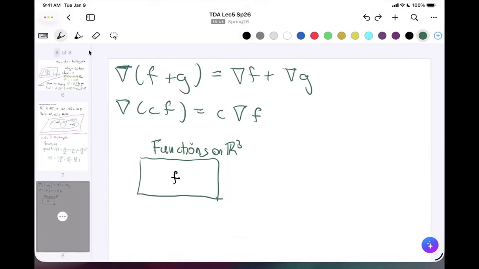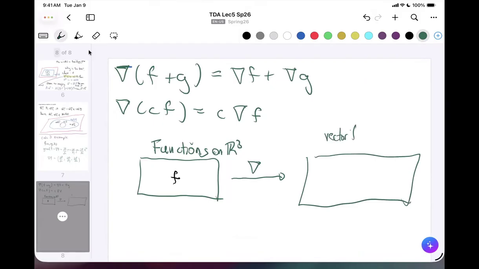It looks like a weird notation, but you could call it grad if you want, and that produces the gradient of it. So from that perspective, the gradient is kind of like a matrix.